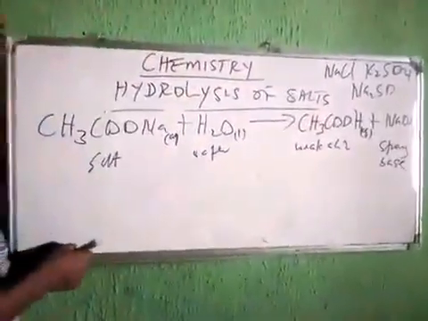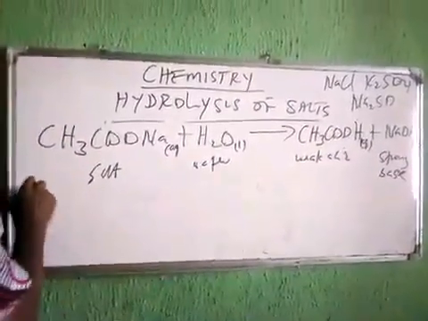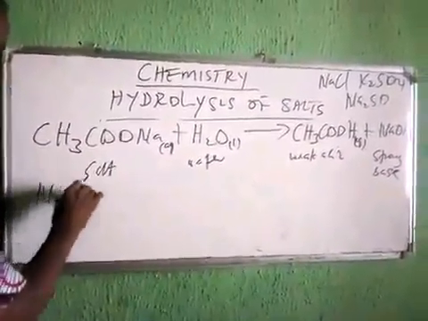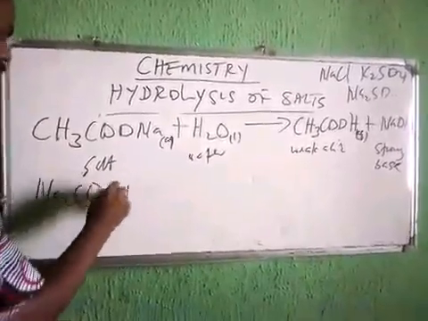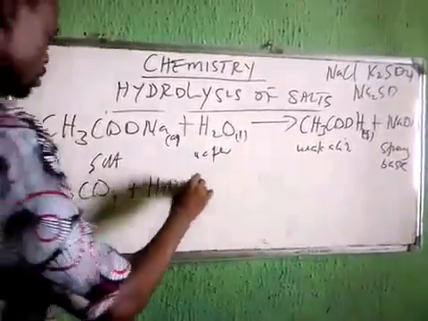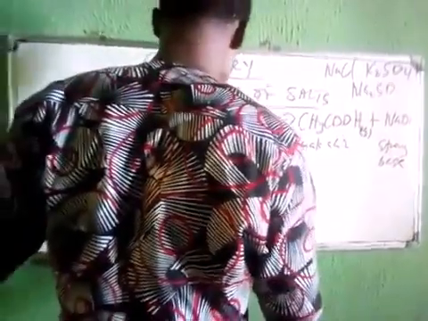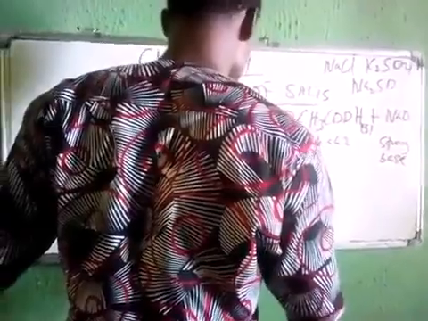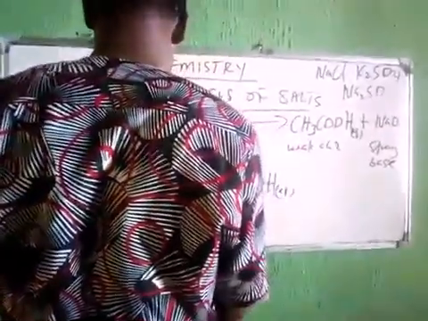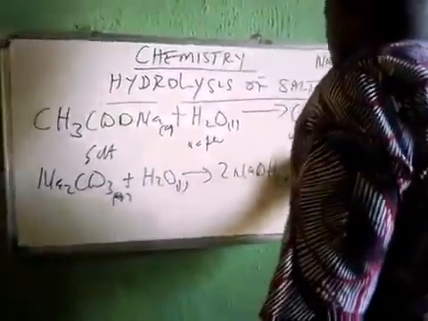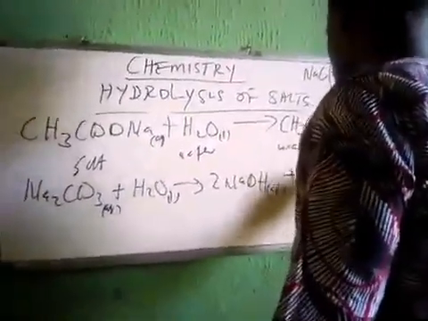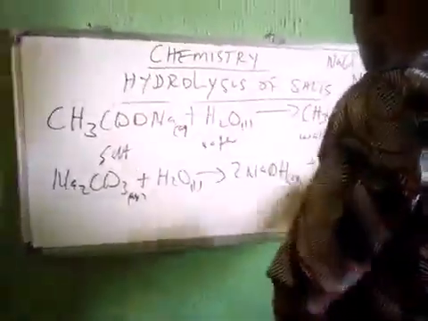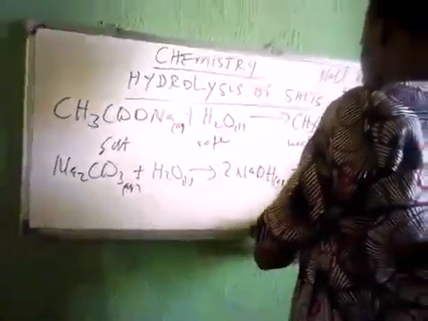So we can also have many others like Na2CO3. If you dissolve this in water now, it's going to give you 2NaOH aqueous and H2CO3.